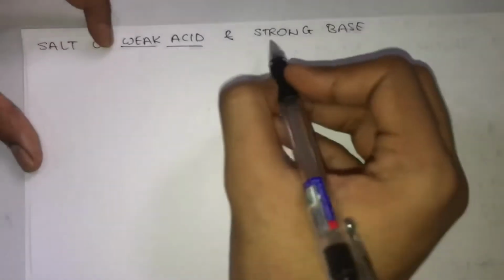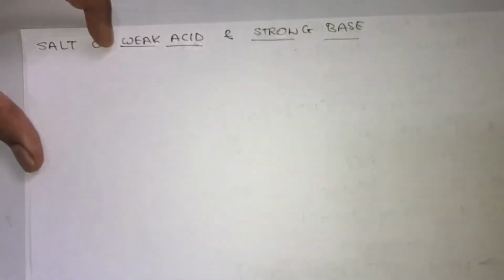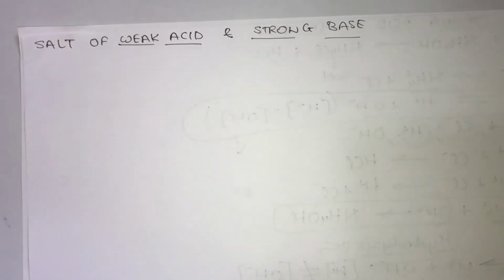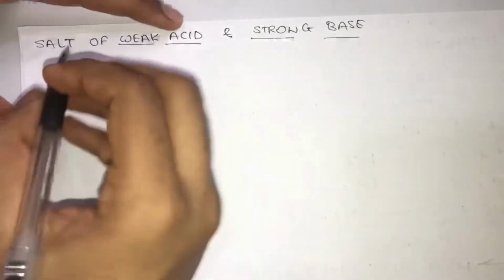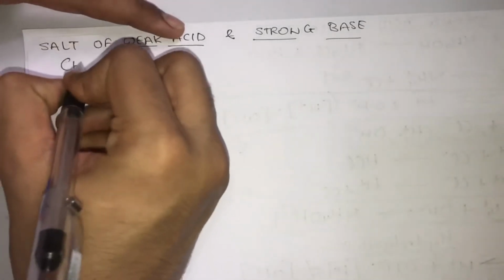So guys, now let us understand whether the salt of a weak acid and strong base will undergo hydrolysis or not. And if it undergoes hydrolysis, then whether it will make the aqueous solution acidic or basic. Let's see that. Let us consider an example of CH3COONa.